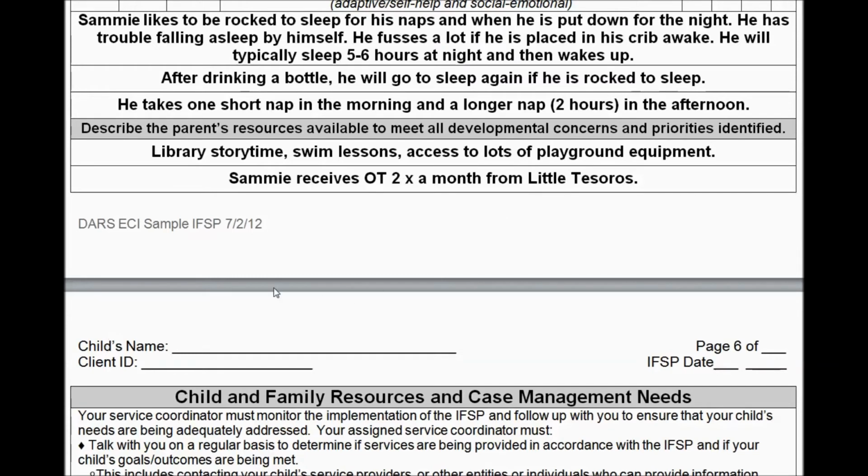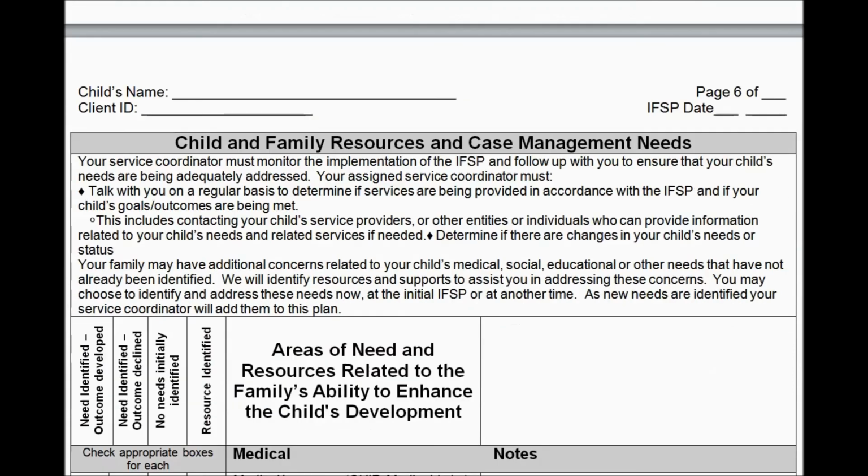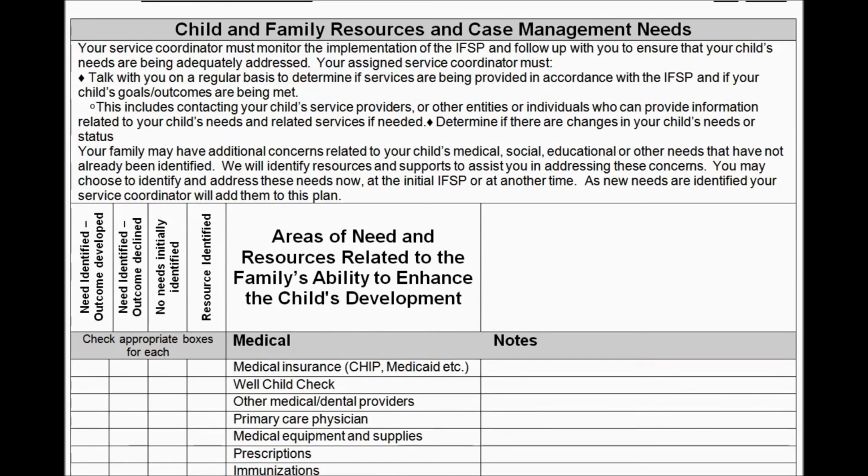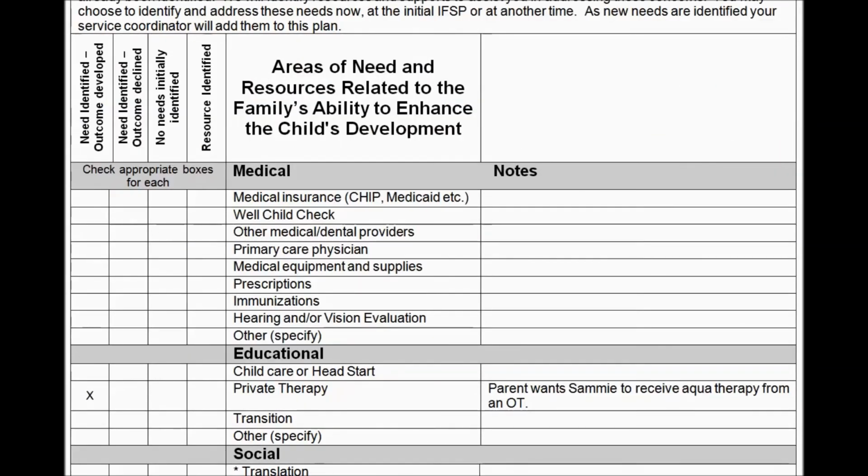Now, if the family wants an additional type of service and the child is not currently receiving the service, that additional service would be documented in the Child and Family Resources and Case Management Needs section. So here's an example. Let's say, again, PT is documented 4 times a month.